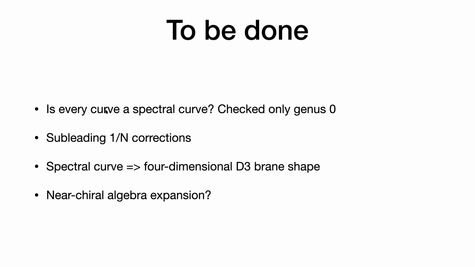As I mentioned multiple times in the talk, it would be nice to figure out that part of the twisted holography dictionary which tells you which four-dimensional D-brane shape corresponds to a given holomorphic curve. This requires a little bit of work by people who are familiar with supergravity, and finding nice calibrated cycles for D-branes to wrap, which preserve a given amount of supersymmetry.